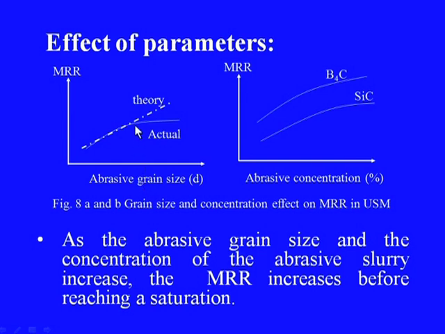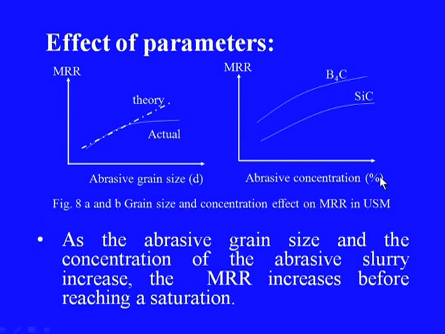However, beyond that grain diameter, the material removal rate does not increase appreciably, rather it remains almost the same. That means there is an effective limit of the grain size which we can use in this process. Maybe beyond certain sizes, the grains will not come into the actual working zone or cutting zone, and therefore the cutting will stop.